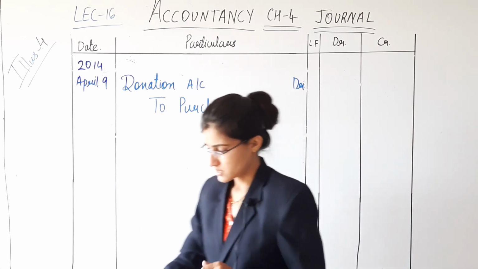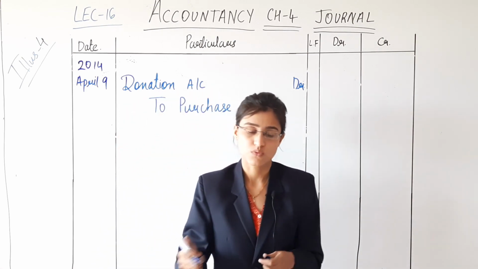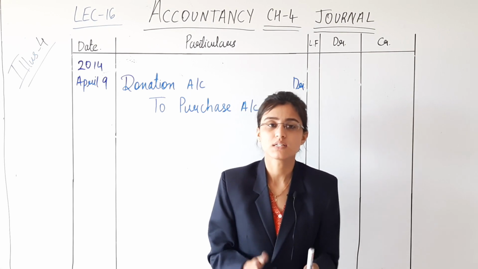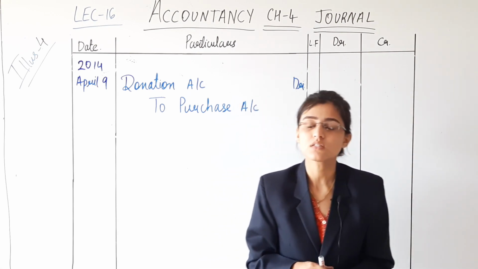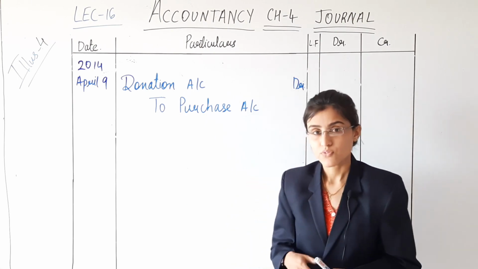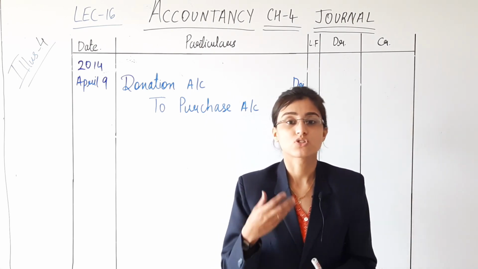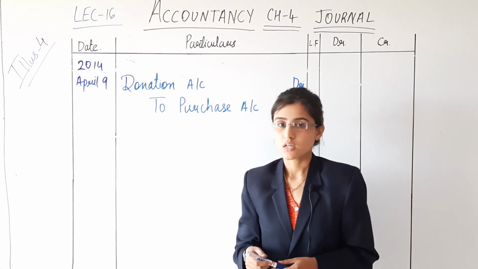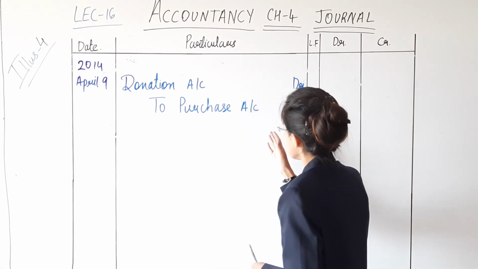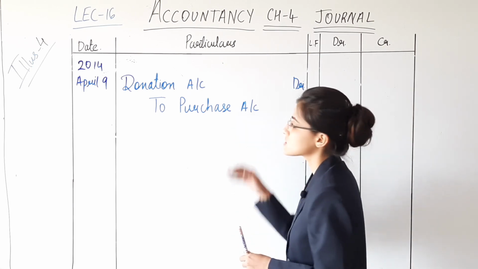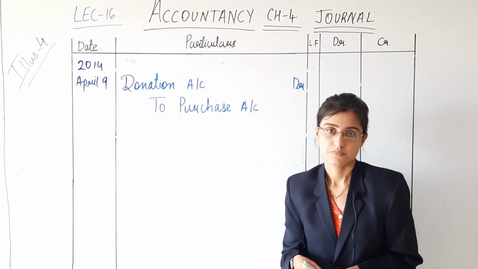Let me clarify this. Purchase account basically always has a debit balance, but it is credited in a few cases, which are goods withdrawn for personal use, goods given for advertisement, goods given for charity, donation. In all those cases, purchase account is credited. Why? Because it reduces the balance of purchase.